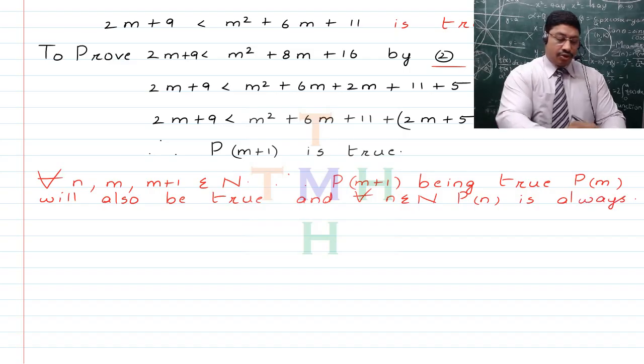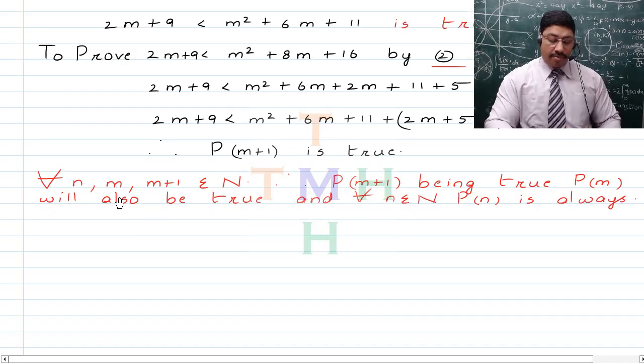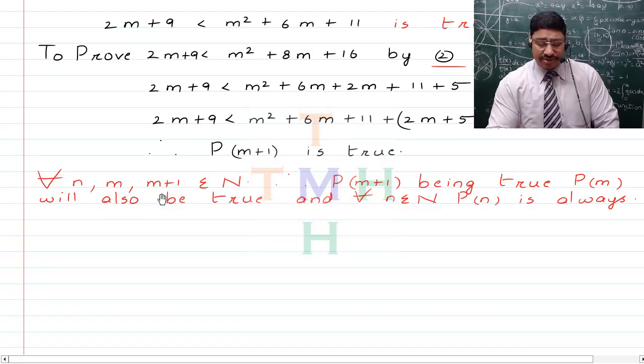So what we said here was, first we talked about n to be from the set of natural numbers, m, which was brought in between for the induction step, is also to be from the set of natural numbers. Now if we add 1 to it, again that is also going to be from the set of natural numbers.